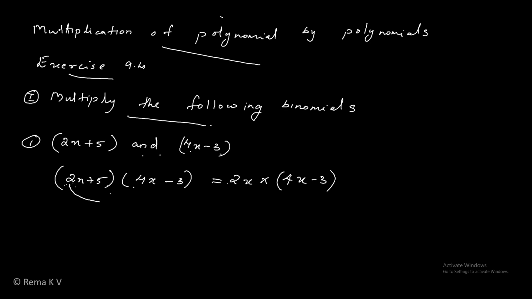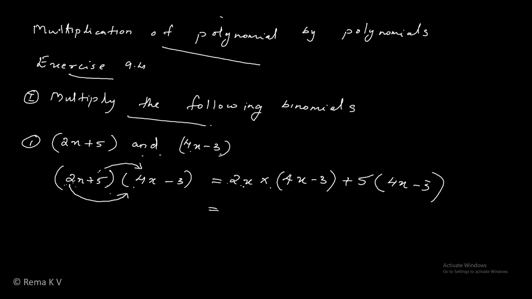We are going to multiply this with the second expression 4x minus 3, 2x into 4x minus 3. Then the next term is plus 5, this into the expression 4x minus 3. Sorry, 4x minus 3.